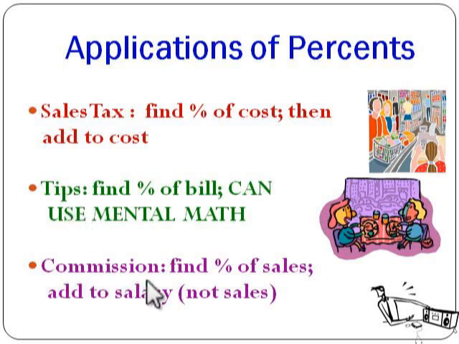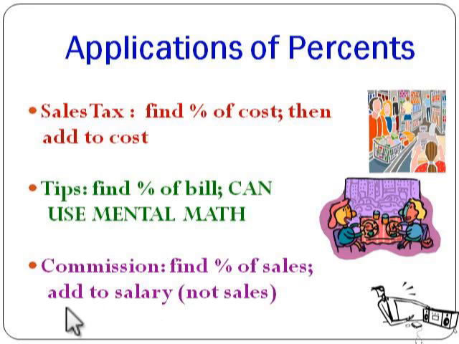For commission, there are certain jobs where when you sell something, you get a commission of the sale. Let's say, for example, you are a real estate agent and you sell a house. You are going to get a commission for the sale of that house, which means you will get a percentage of the price of the sale.